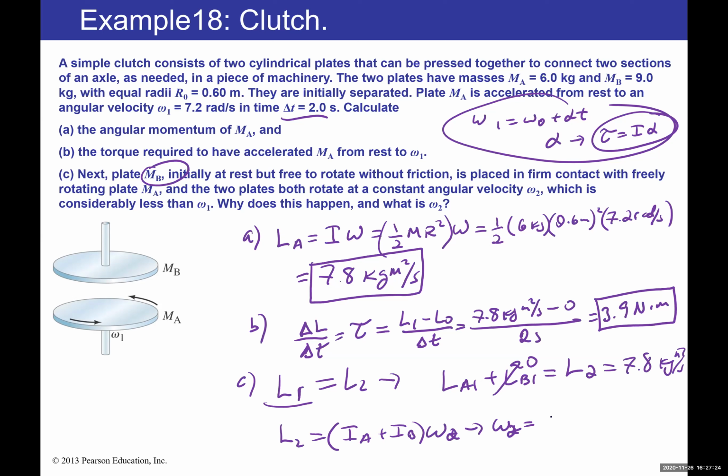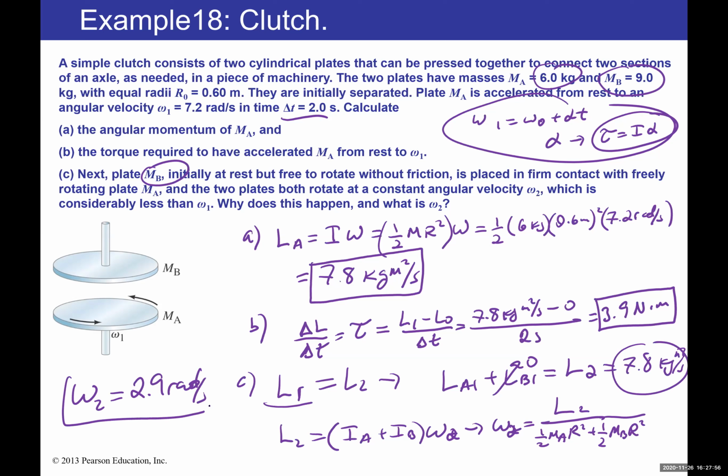So omega 2 equals the angular momentum L2 divided by the moment of inertia, which is 1/2 MA r squared, they have the same radius, plus 1/2 MB r squared. Since I have L2, the masses MA and MB, and the radius, I can just plug in and calculate. Then omega 2 will be 2.9 radians per second.